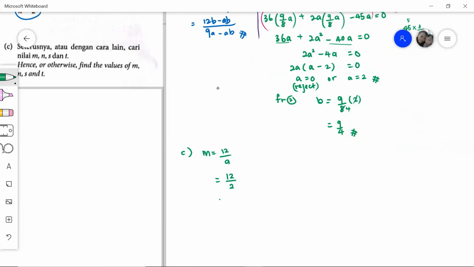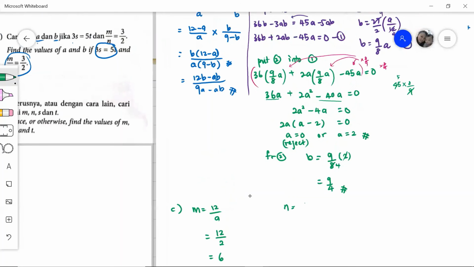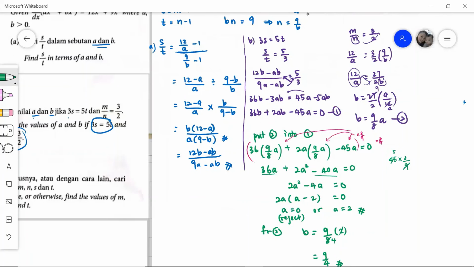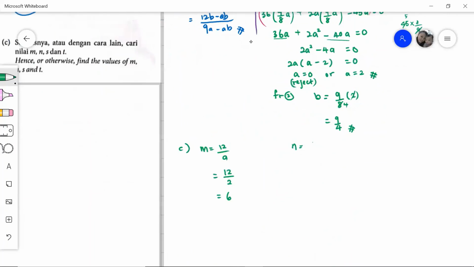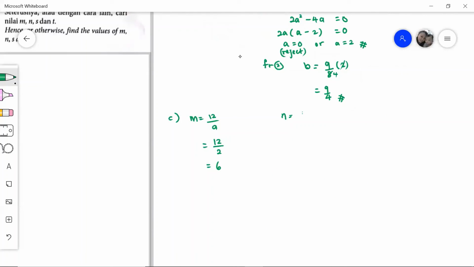A equals to 2, so m is 6. At the same time, n is equal to 9 over b. So let's just put 9 over b. b is 9 over 4. Use calculator, 9 divided by 9 over 4. So we got 4.